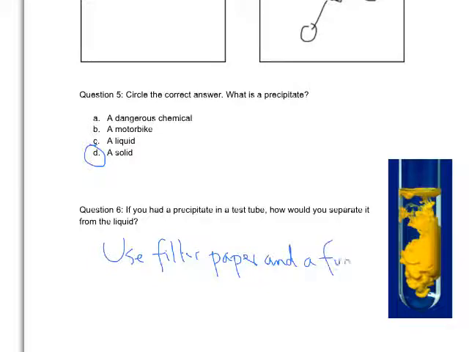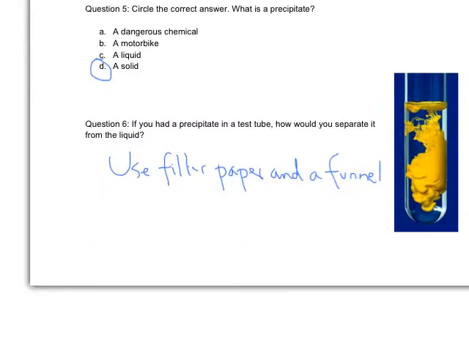So once you made your precipitate, and you'll get to do this a bit later on, you'd basically have some kind of flask, and you put your funnel in your flask and your filter paper on the funnel, and the precipitate would collect here.